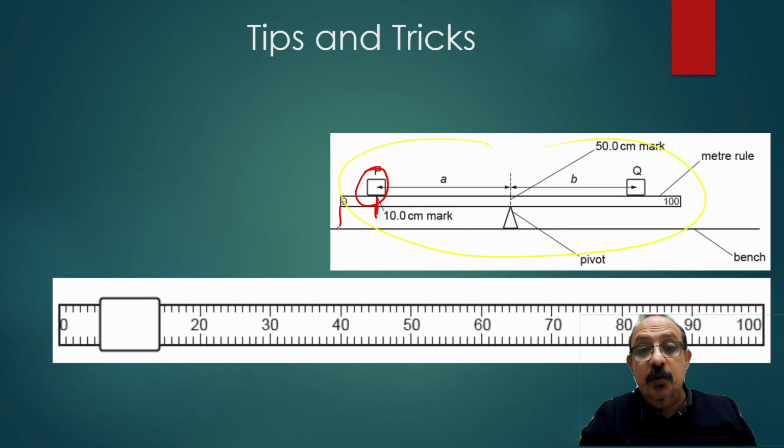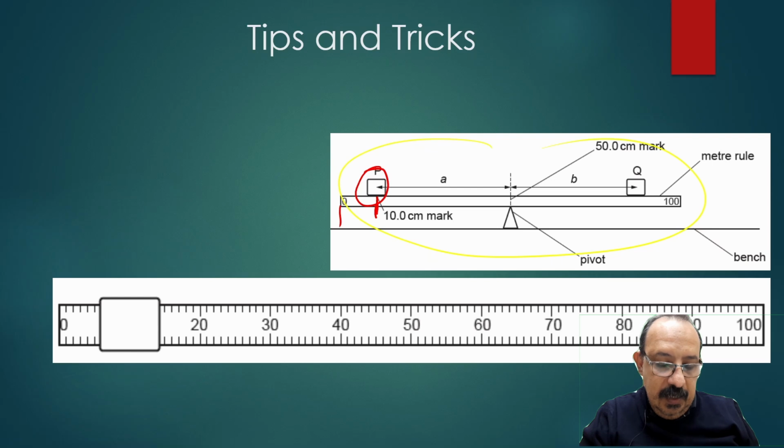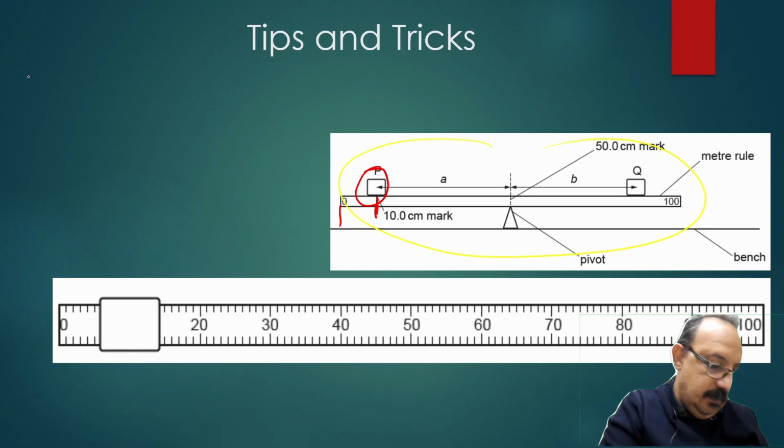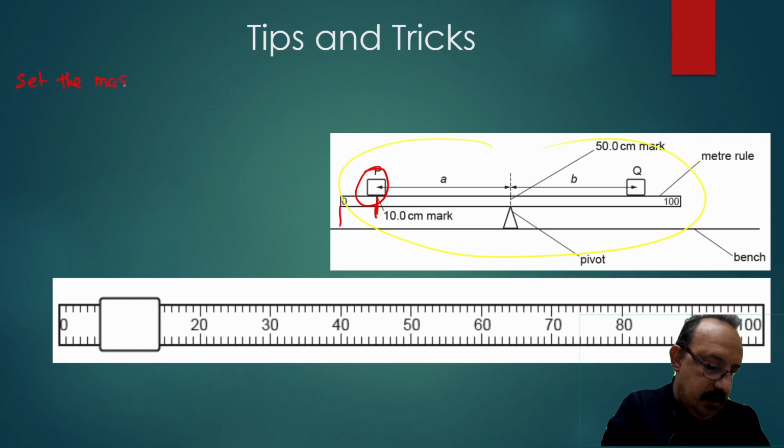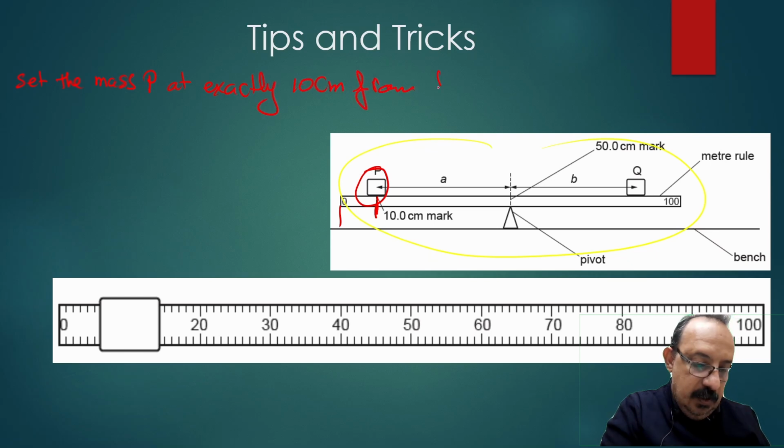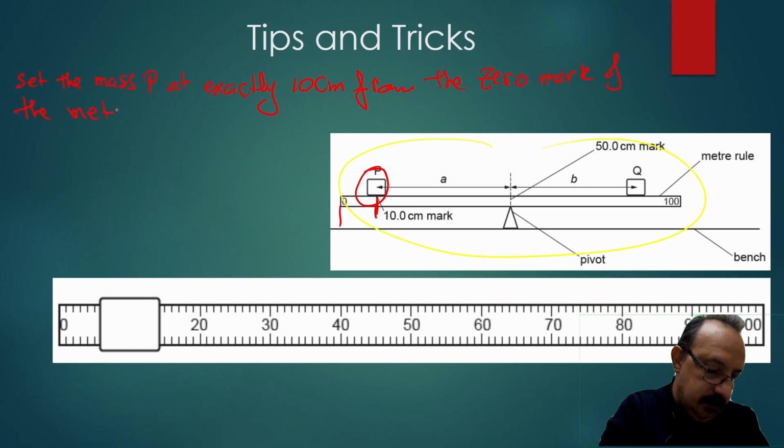Okay, this is the question. How does it go? Set the mass P at exactly 10 centimeter from the 0 mark of the meter rule.